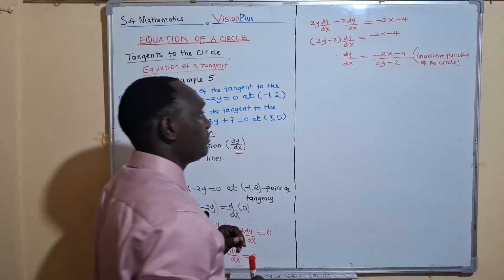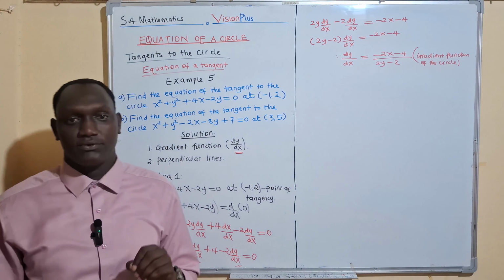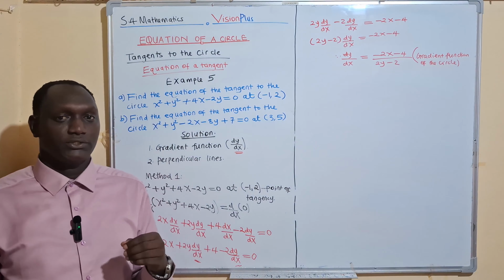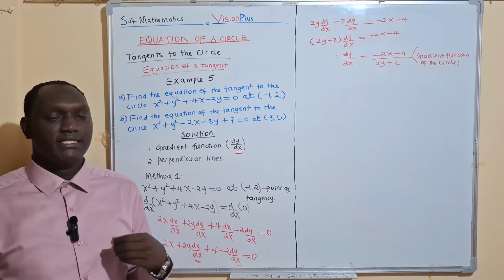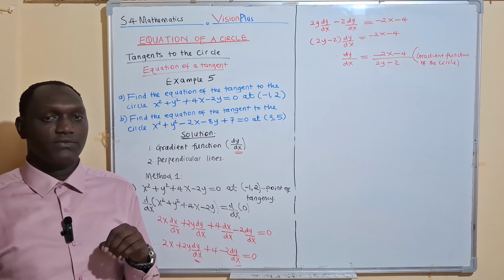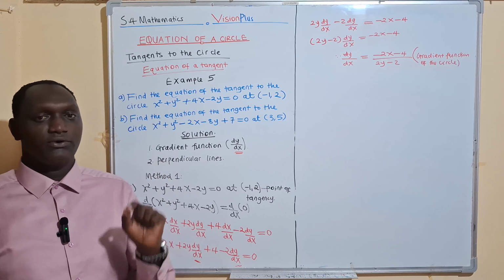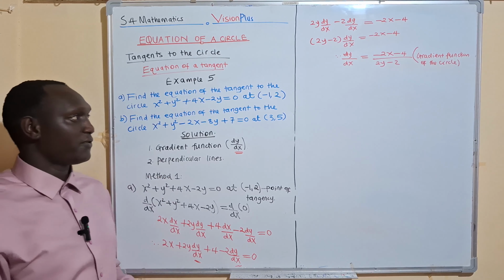What is the meaning of the gradient function of the circle? That is an equation, okay? That is a function that defines for us the gradient of the circle at any point on the circumference of the circle.